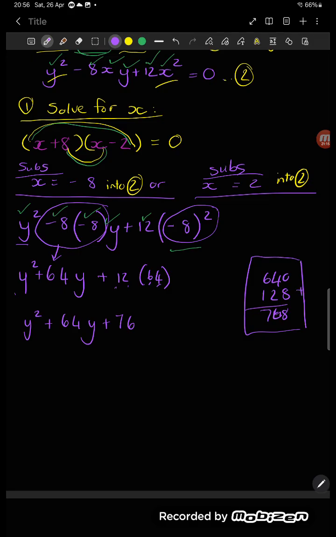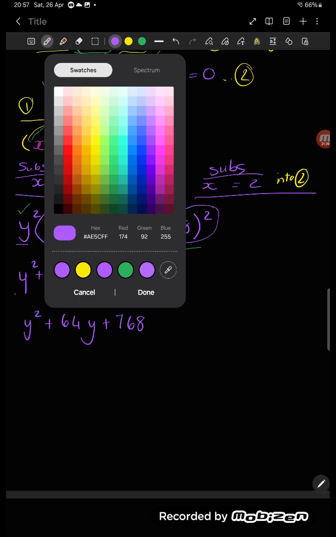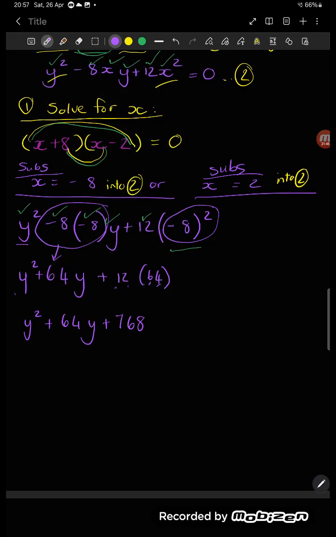If you add them on the side, because we like columns. They make our lives easier. Okay, so 768. I don't feel like finding this out with brackets, because that looks like it's going to be a, what are the factors of 768? The factors are 64 and 12.